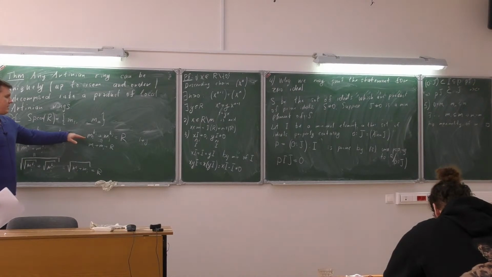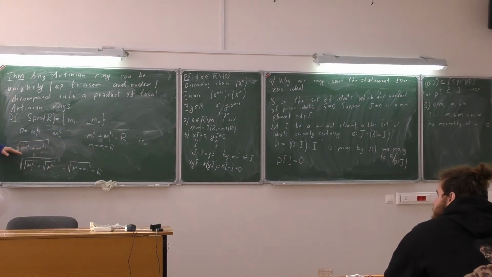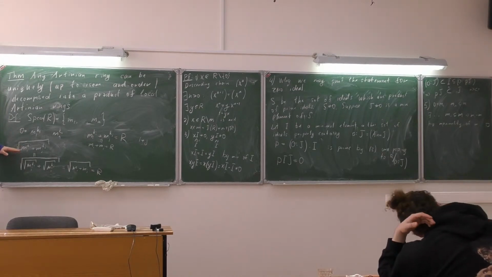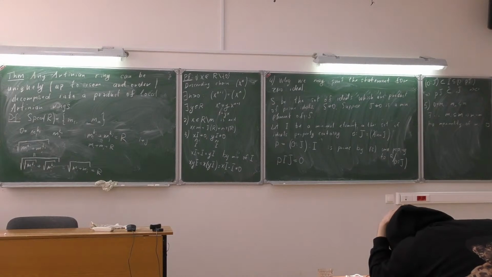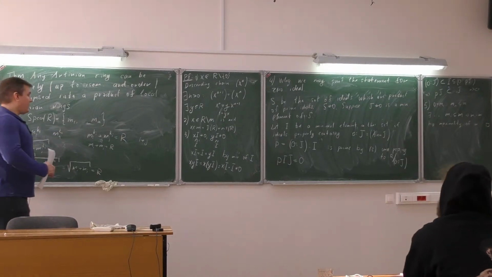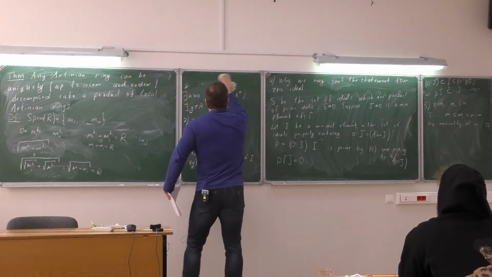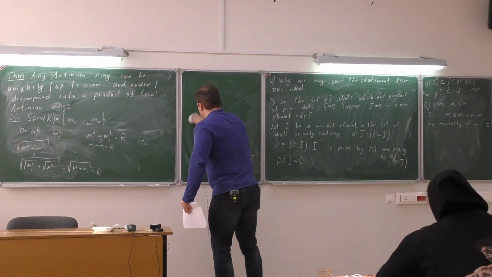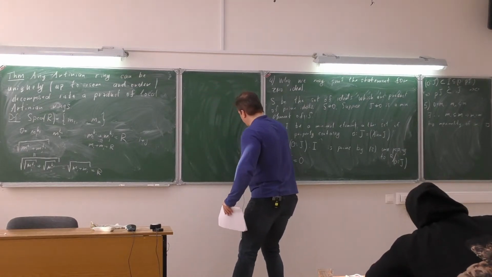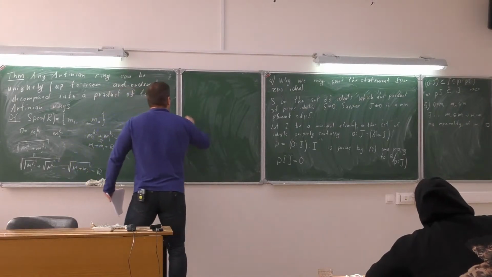So the argument is the following: this ideal is the ring itself if and only if its radical is the ring. But for the radical, we do this computation in two steps and see that this is the ring. So indeed, these two ideals, powers of maximal ideals, are comaximal. So it means that we can obtain the Chinese remainder theorem. And the Chinese remainder theorem in this case gives us the following.